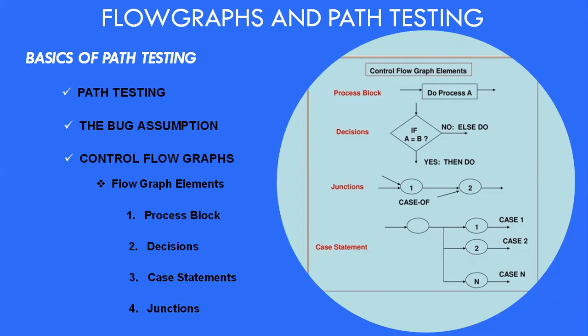So what is a process block? A process block is a sequence of program statements which are uninterrupted by either decisions or junctions.